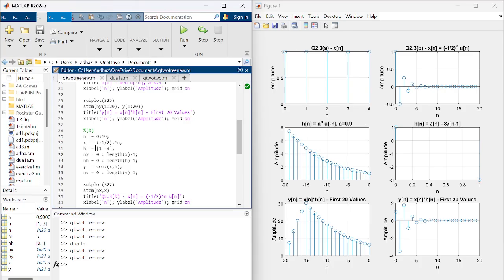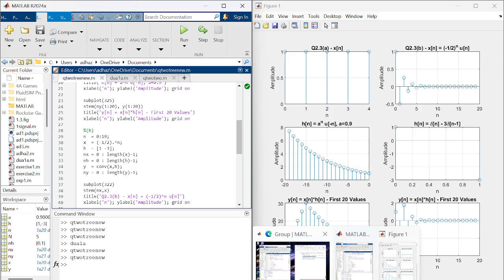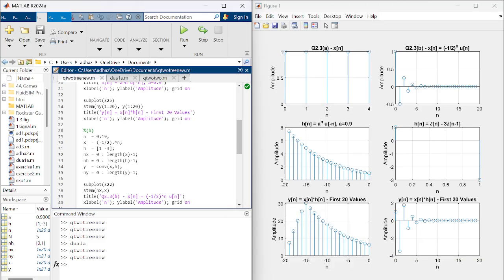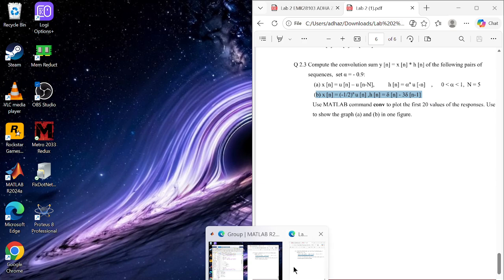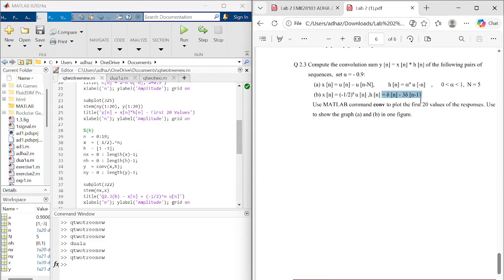For our h, equal to 1 and negative 3, following this formula, the computer just adds 1 at index 0 and negative 3 at index 1.